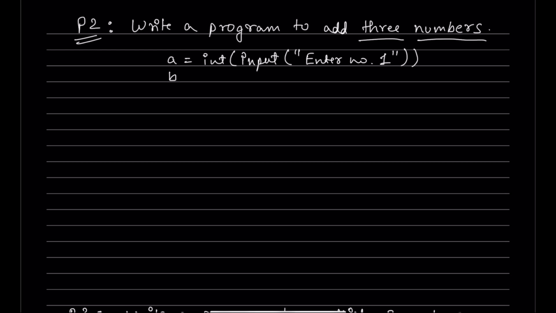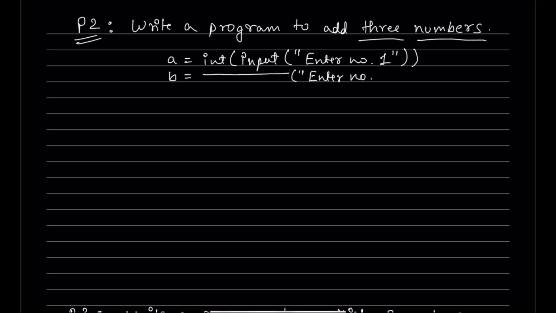After that, I'll mention another statement to ask the user for the second number. So I'm not going to write the whole command again. I'll put in a line like this, which shows that it is the same as we have done earlier in the top statement. So I'll change the request, because that's what we're going to change over here.